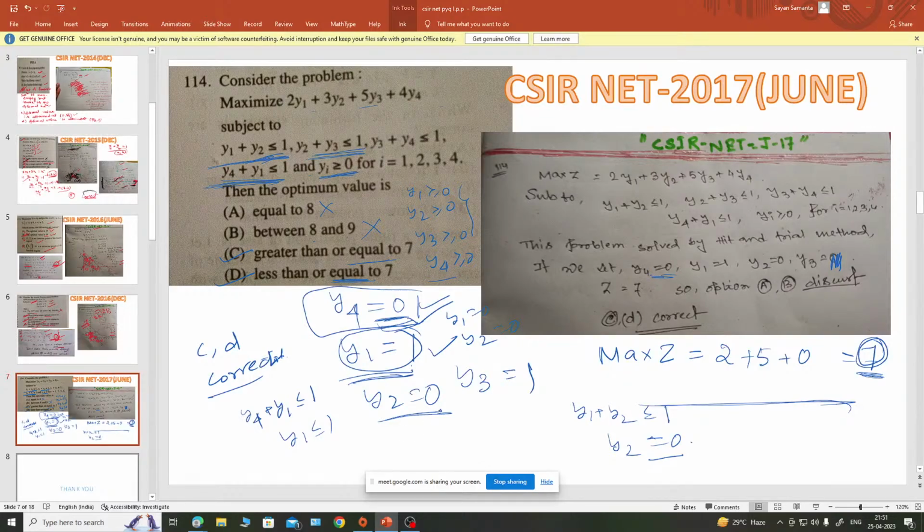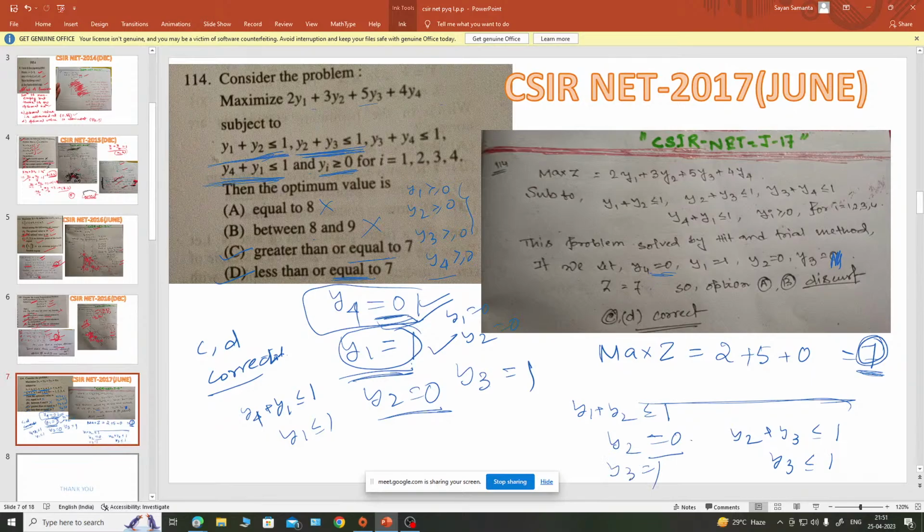With y2 equals 0, the second condition says y2 plus y3 is less than or equal to 1, so y3 is also less than or equal to 1. We can write y3 equals 1, that is the hidden tile method. So we find y1 equals 1, y2 equals 0, y3 equals 1, y4 equals 0. Just put this in the maximum condition.